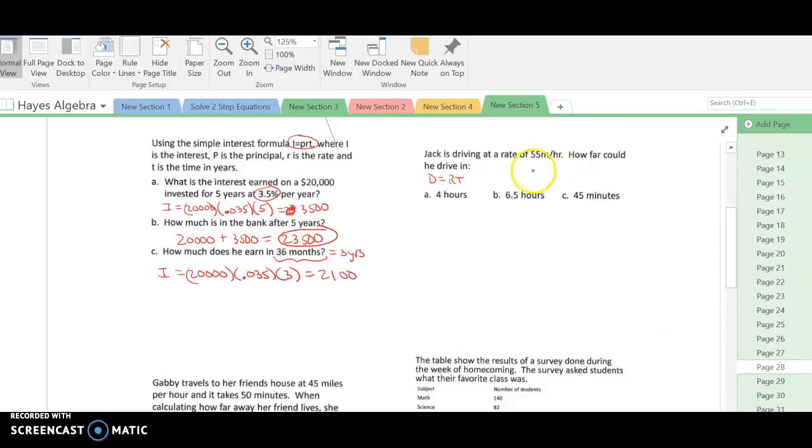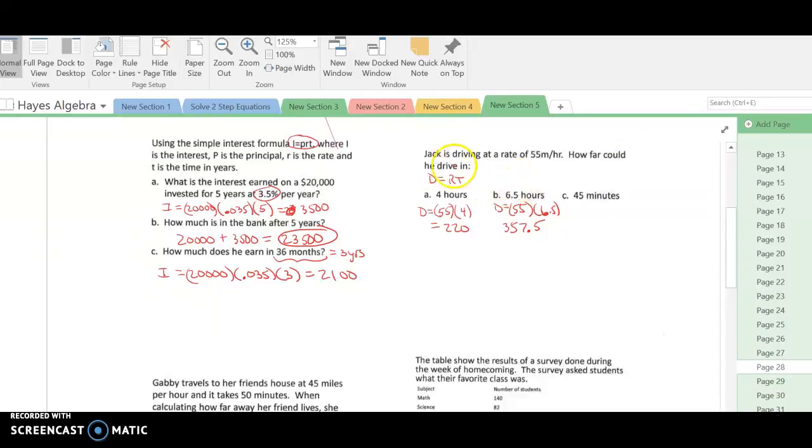Now, if he's going 55 miles an hour, the distance he travels is the rate, 55, times the time, 4 hours, and that would give you 220 miles. 6.5 hours, no difference, right? The distance traveled would be 55 times 6.5, which in this case would give you 357.5 miles.